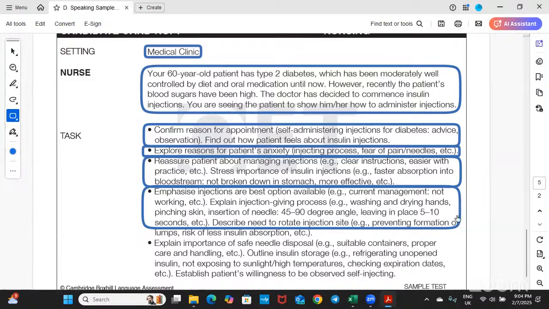Injection giving process: washing and drying hands, pinching skin, insertion of the needle at a 45 to 90-degree angle, leaving in place 5 to 10 seconds, etc. Describe need to rotate injection site, prevent formation of lumps.